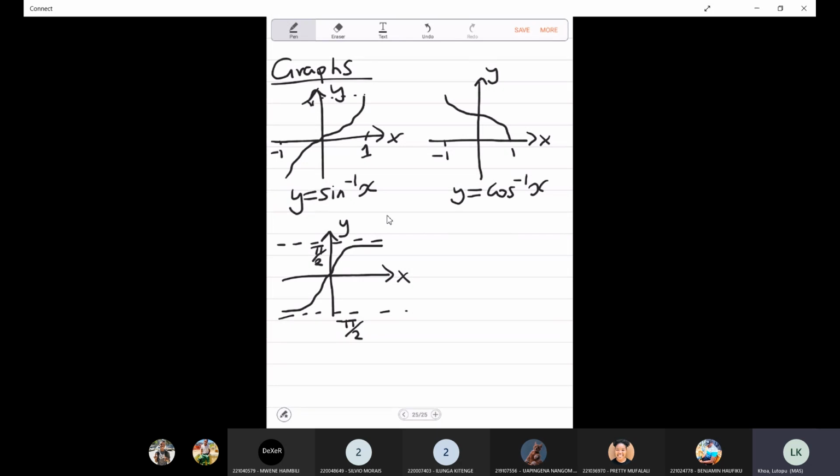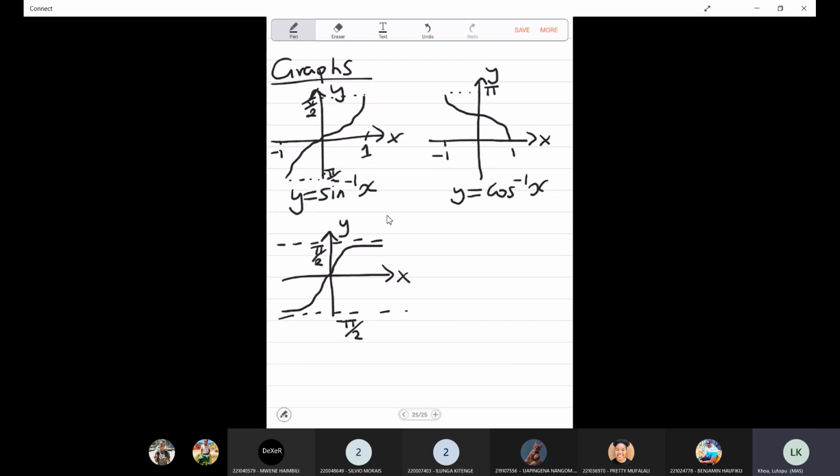This is pi over 2. This is negative pi over 2, as we know that sine of 90 or pi over 2 is 1. So sine inverse of 1 should give us pi over 2. And here we have pi, because cos of pi is minus 1.